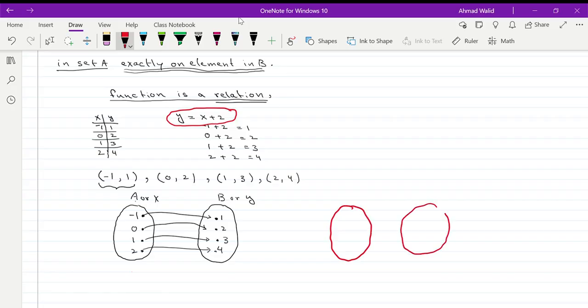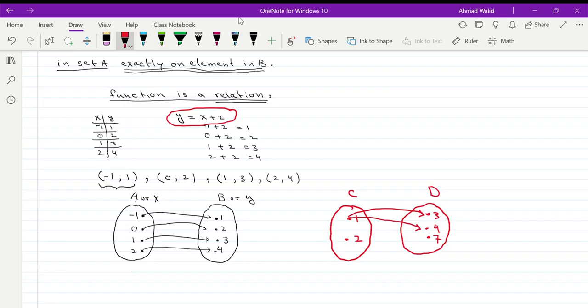One set, another set. For example, C and D. Here, for example, x1 and 2. In D, I have 3, 4, and 7. When C is 1, 1 goes to 3 and 4.